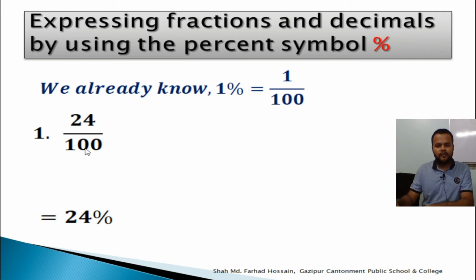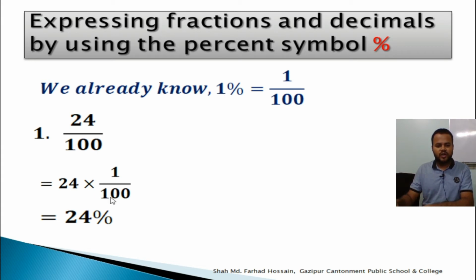We can rewrite this fraction, 24 by 100, as 24 into 1 by 100. And we know that 1 by 100 equals 1%.